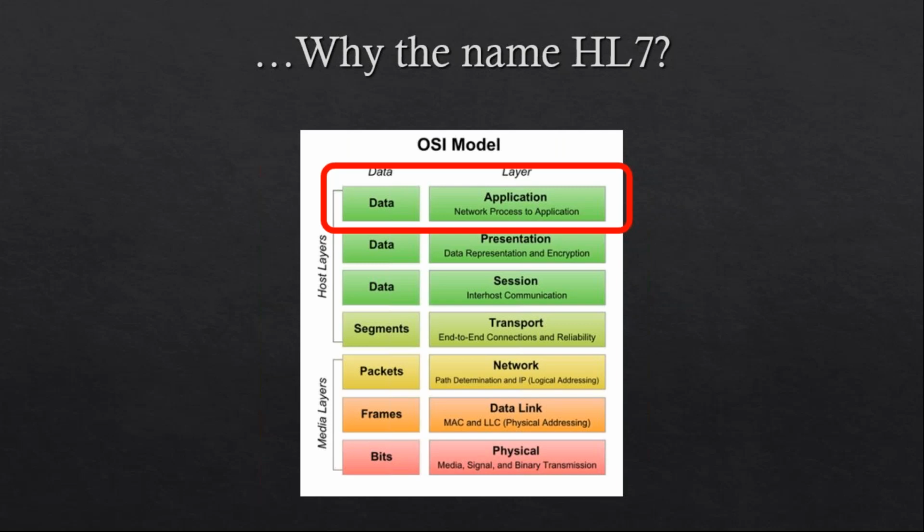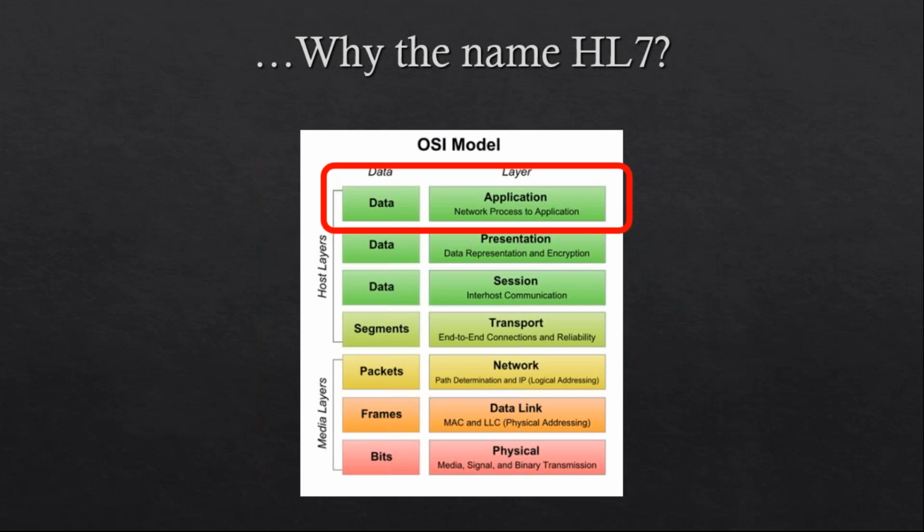Those packets come back and hit the physical layer, the first layer, and from there they are interpreted and finally presented to the application layer. That is the main work of OSI layers.